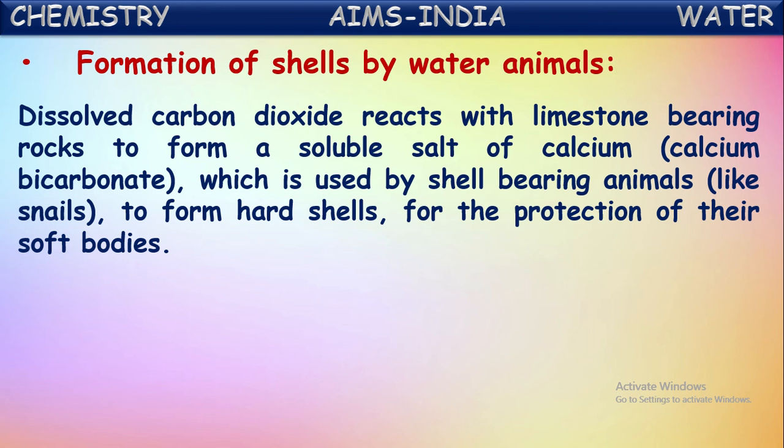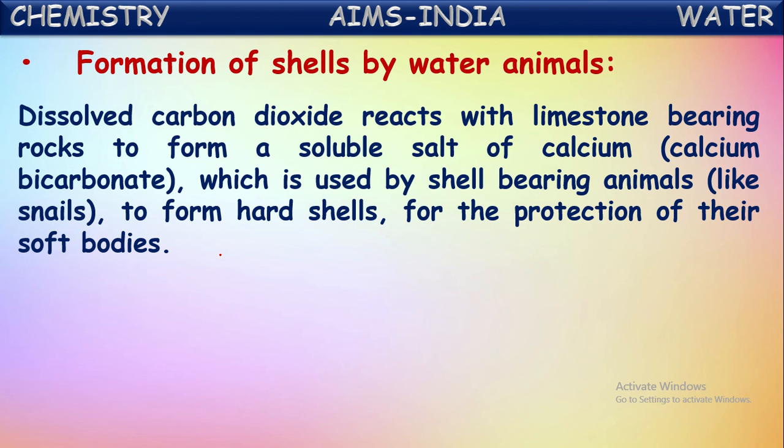water. This calcium bicarbonate, which is formed by the reaction of carbon dioxide with limestone, is used by shell bearing animals like snails. They absorb this calcium bicarbonate which is dissolved in the water and they form hard shells on their body for the protection of their soft bodies from the enemies.